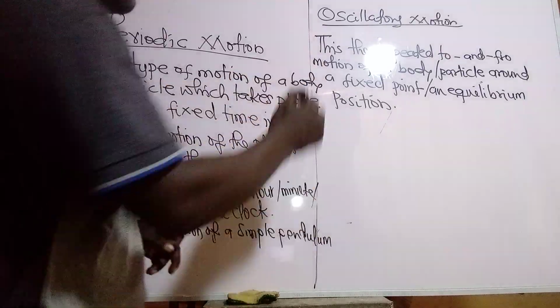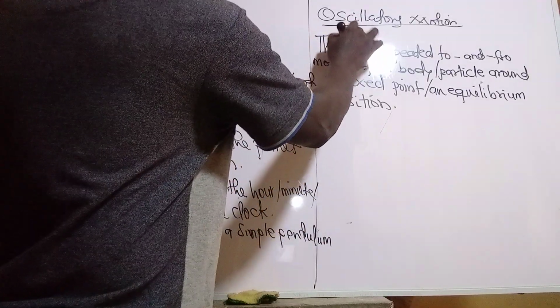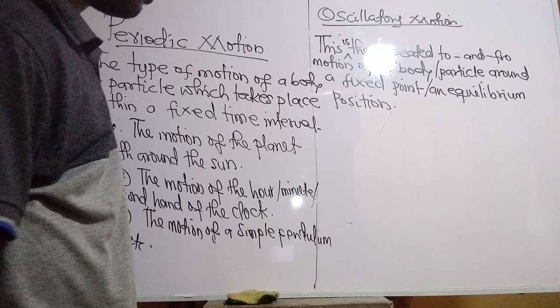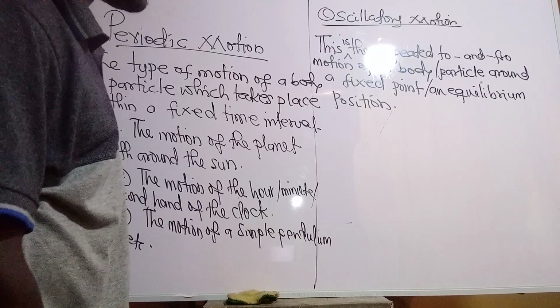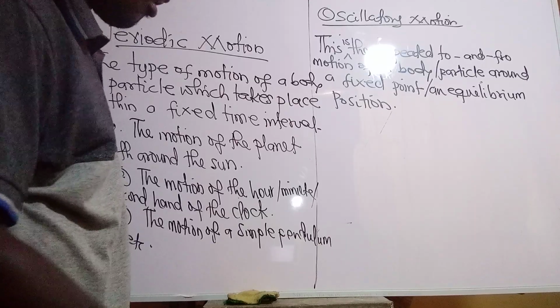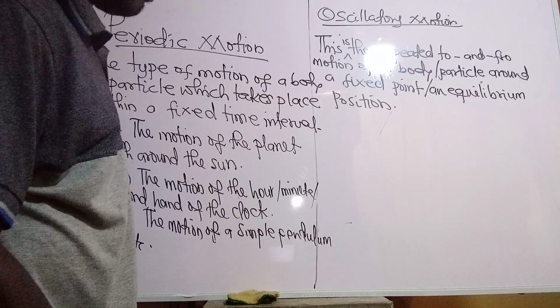So this is the repeated to and fro motion of a body or a particle around a fixed point or an equilibrium position.